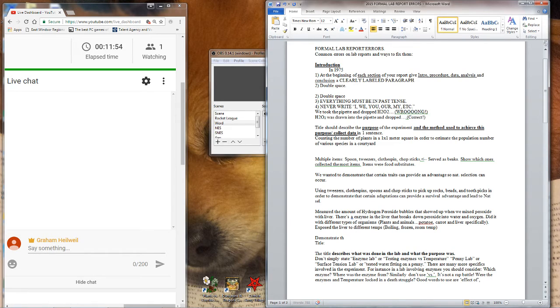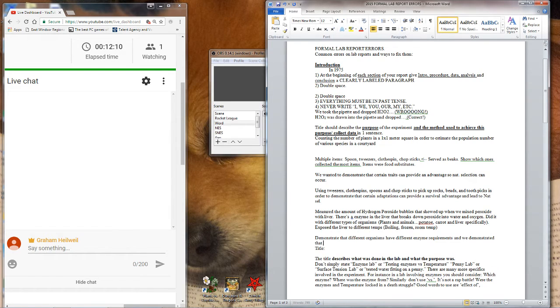Demonstrate that different organisms have different enzyme requirements, right? Why though? That's something that you're going to have to do in your analysis. But so we demonstrated that different organisms have different enzyme requirements, and we demonstrated that enzymes can be affected by certain temperature conditions.